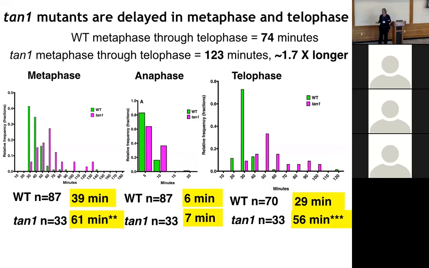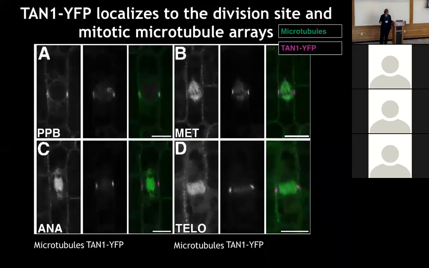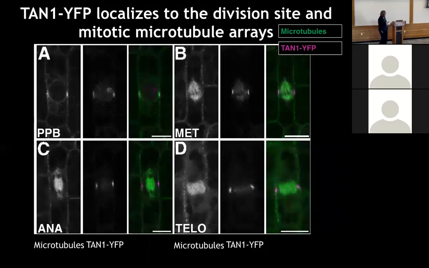So why is that? I've shown you that tangled localizes to the division site, but that's only half of the story here. It turns out that tangled also co-localizes with the metaphase spindle. So this is the spindle here. You guys all know what a spindle looks like. Yeah, totally. And then you can see a weak accumulation of tangled in the spindle.